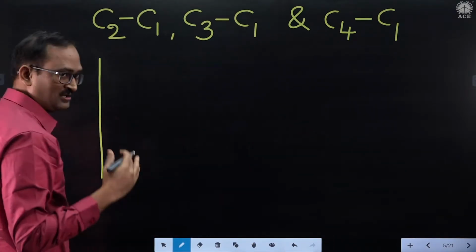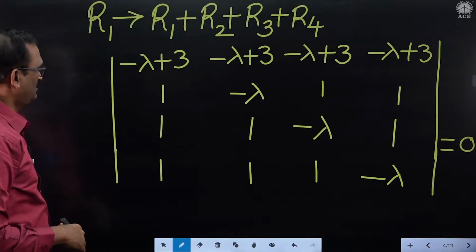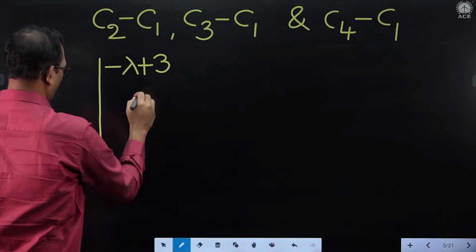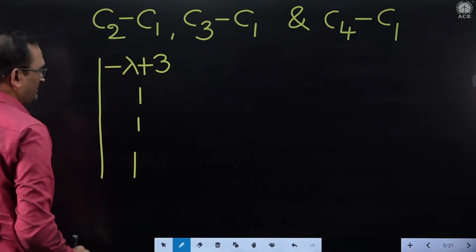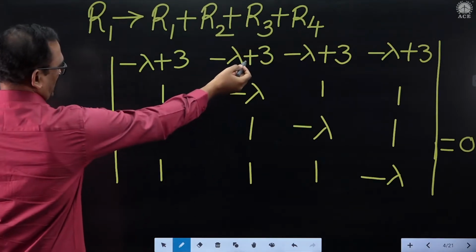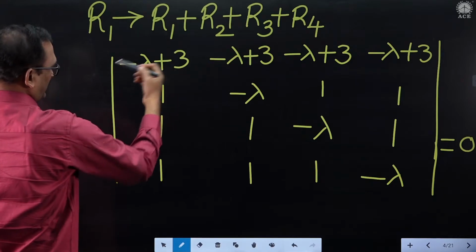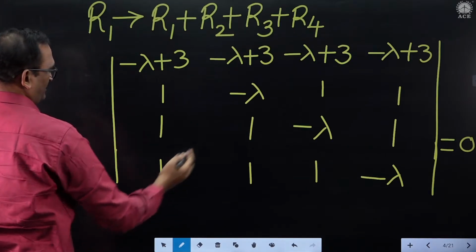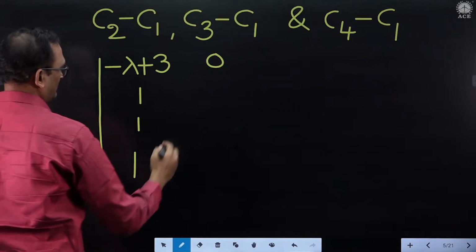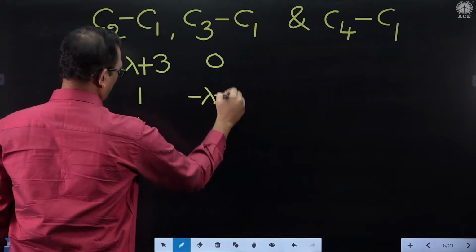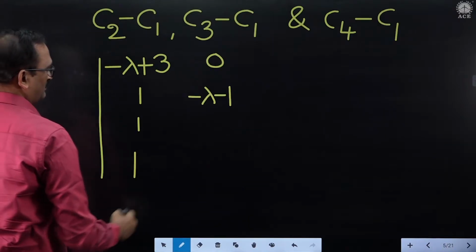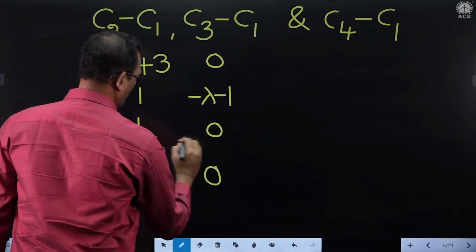So the first column elements are minus lambda plus 3, 1, 1, 1. Second column minus first column gives 0, minus lambda minus 1, 0, 0.